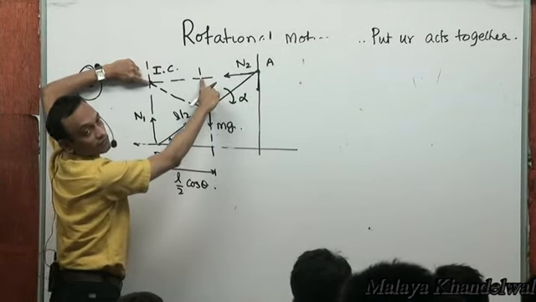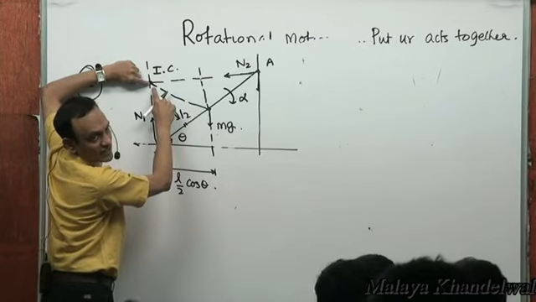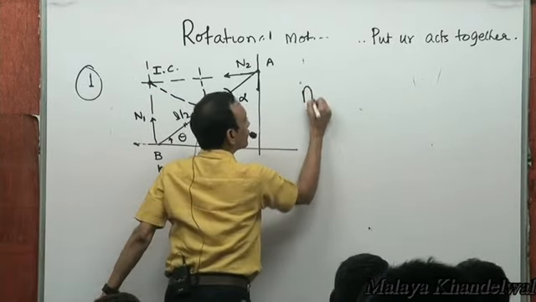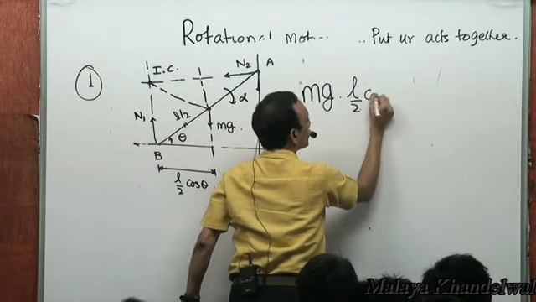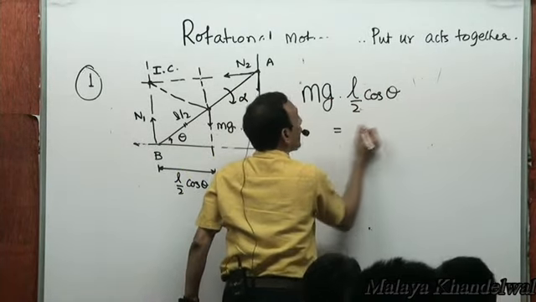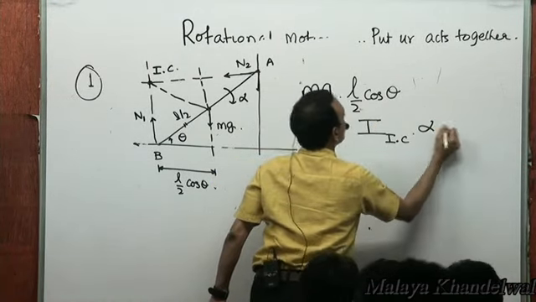That means mg into L by 2 cos theta is the clockwise torque about the instantaneous center. That must be I about the instantaneous center into angular acceleration alpha.